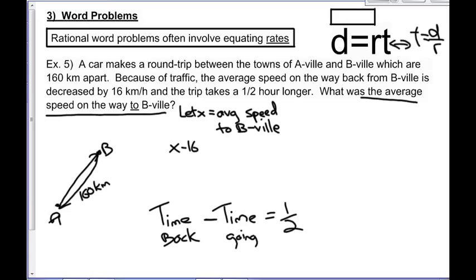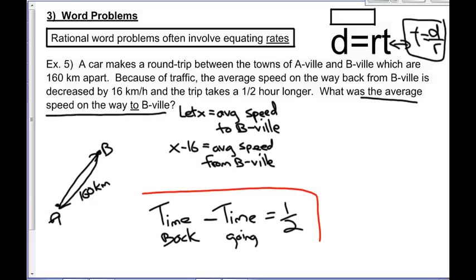It follows then that x minus 16 is the average speed from Bville, or on the way back to Aville. And we know that distance is rate times time, so t equals d over r. We want to make an equation about time.